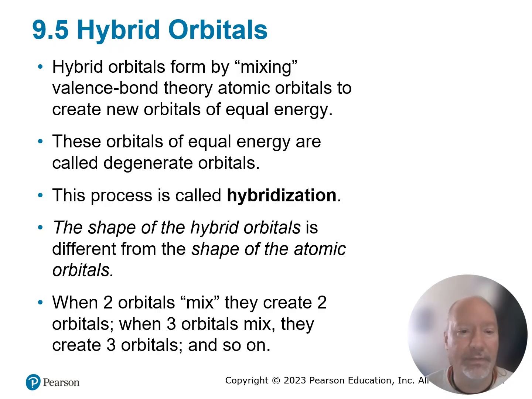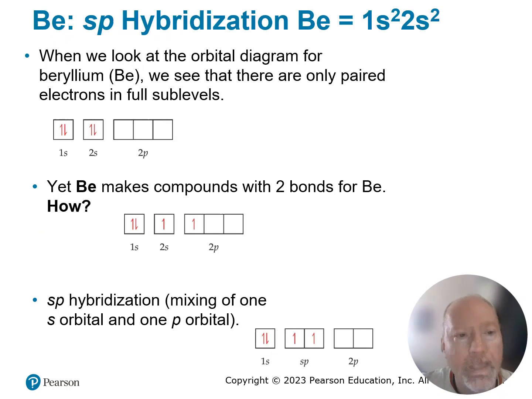We're mixing the atomic orbitals. We're creating new orbitals now, and we're lowering the energy. And now we're forming hybridized orbitals, which are a bit different than the shape of the atomic orbitals. So when two orbitals mix, they'll create, again, two orbitals. When three orbitals mix, they'll create three orbitals, and so on.